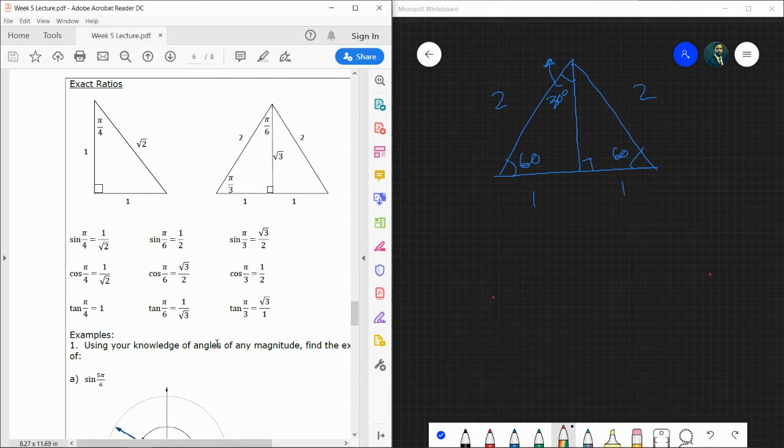So if you divide in the middle, it becomes 30 and 30. So what do we have as the perpendicular bisector? This must be square root of 3 using Pythagoras. 2 squared minus 1 squared is square root of 3. Now we can use this set of triangles to find out cos 30 and cos 60. Similarly, we can find sine 30 and sine 60.